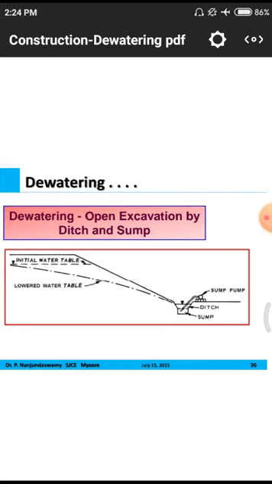That means we maintain a slope so that due to the slope the total water is caught in a particular area. From that area we run off the water, catching it using electric motors and pipe systems, and we run it off from one field to another field. That is the advantage of these ditch and sump methods. Here I will show the initial water table at a particular position.